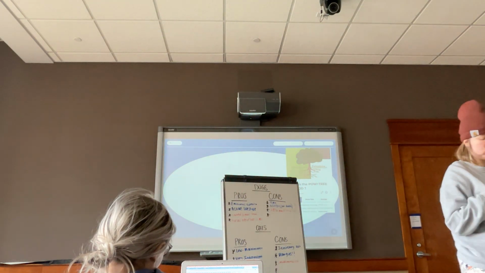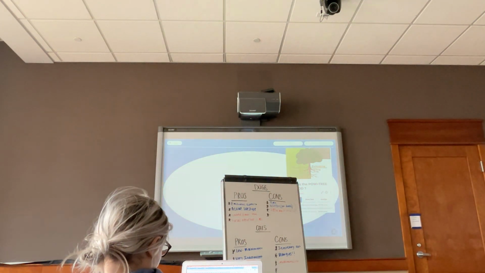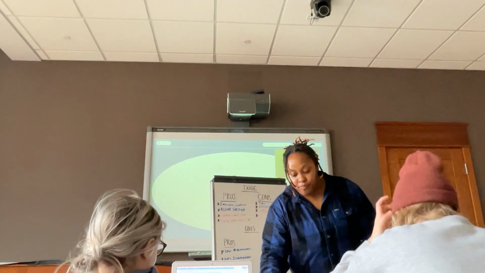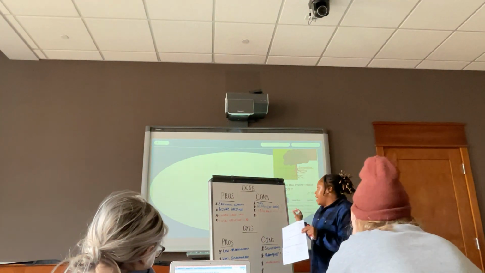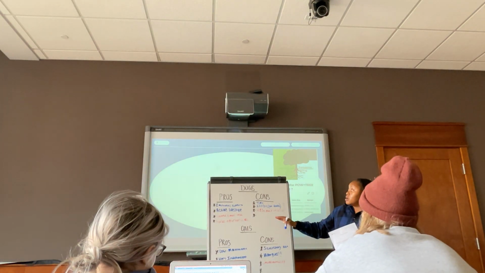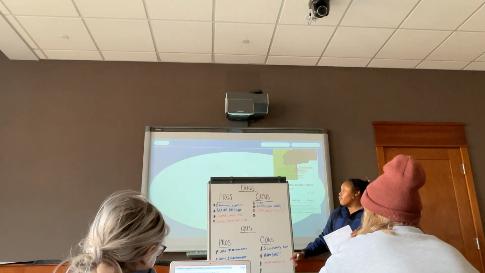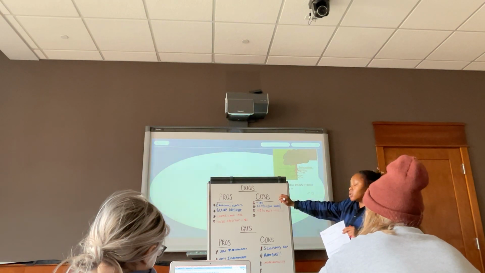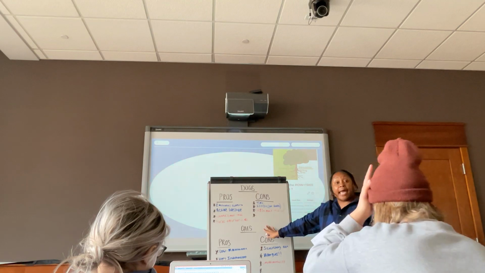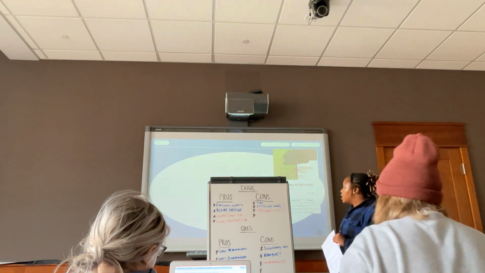Okay, so what we have just done was take an article that we just read and we deciphered the reasons for why a dog is the best pet or why a cat is the best pet.